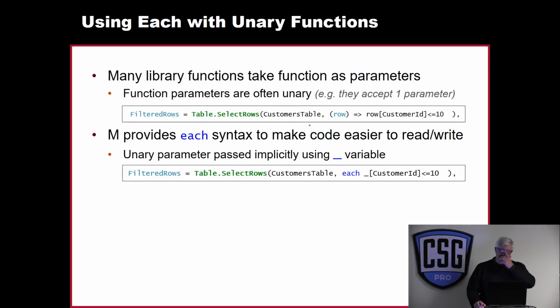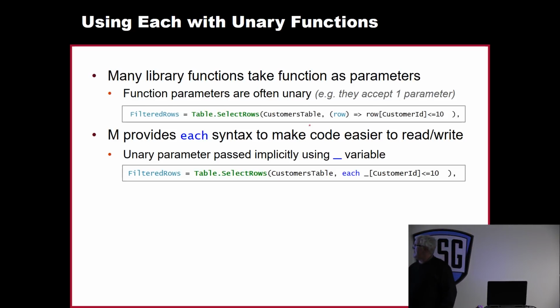Okay, now watch how the syntax gets easier. Maybe not quite as understandable, but this is the exact same code, just with different syntax. We can say each. I want to go through there and look at each of these records, and what you'll see is this weird little underscore, and basically that is the record you're looking at. So you're going to look at record number 1, record 2, record 3, and you're saying, when I look at this record, look at the customer ID.